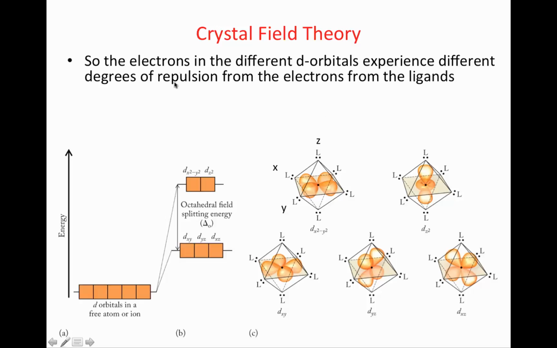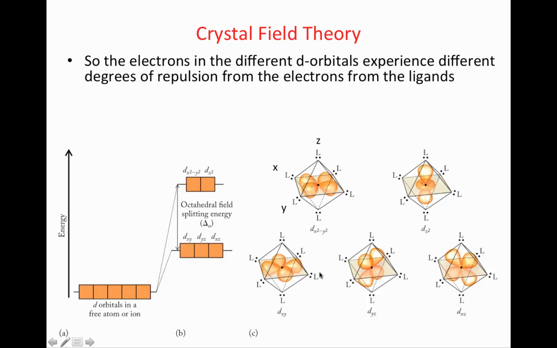So the electrons in the different d orbitals experience different degrees of repulsion from the electrons from the ligands. And so now we can begin to see that, again, these orbitals have different energies when I put the ligands around the metal.